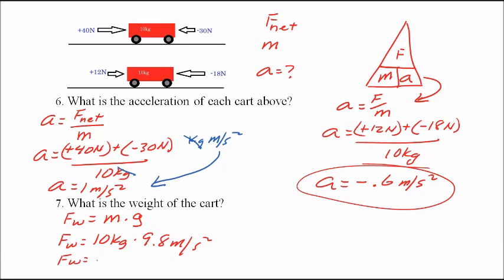And so the weight of both carts is going to be simply 98 newtons. Why is it newtons? Well, because a kilogram meter per second squared is the same as a newton. So there's problem 7 solved.